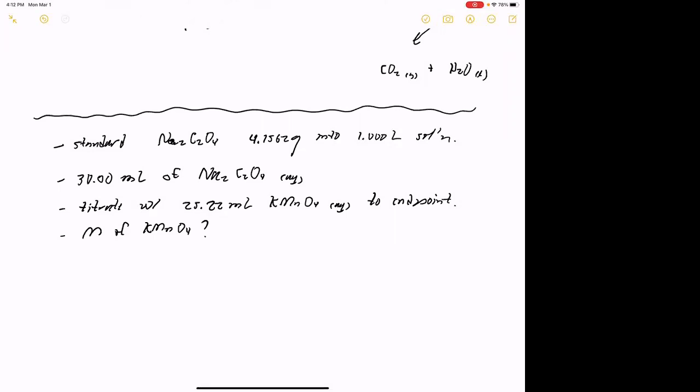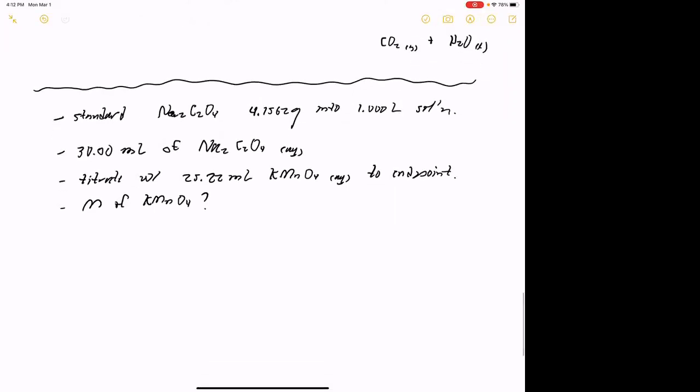What I'm setting up here is a standardization titration. The first thing we need to do is figure out the molarity of the sodium oxalate solution. You have enough information to do that because we took a mass of it, and we know that we took it to 1 liter of total solution. So based on that information, I ought to be able to calculate a molarity for it.